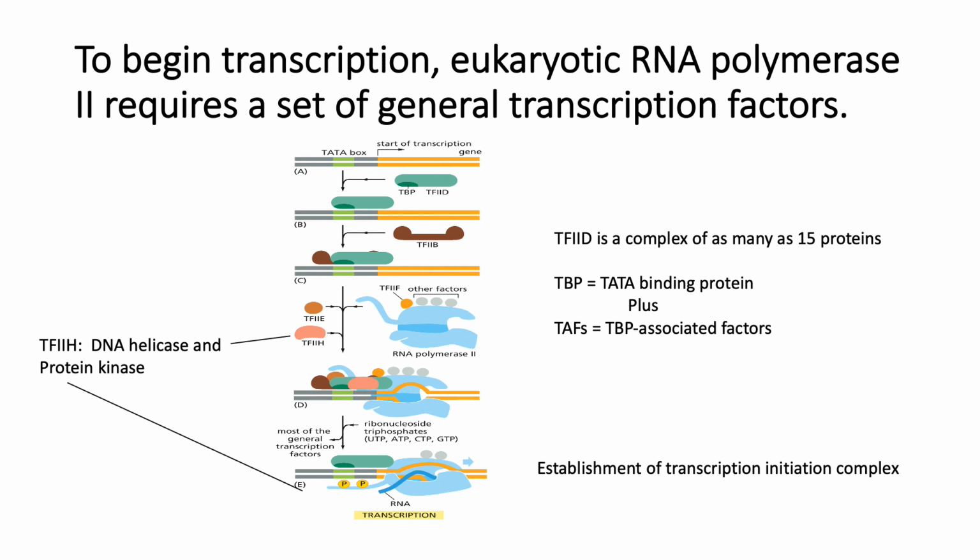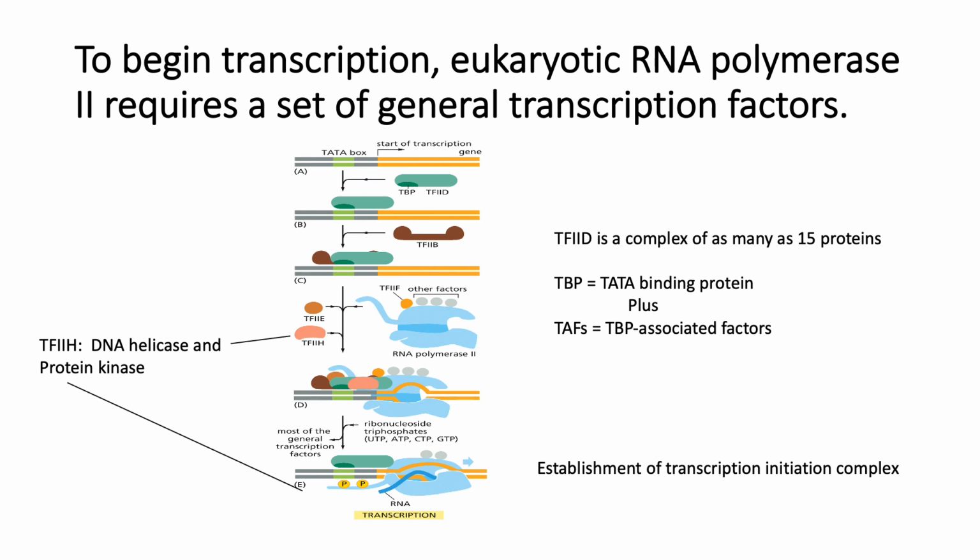So this is a DNA binding protein that recognizes that sequence. So you have TBP, which is the TATA binding protein, plus all these other factors, could be 10 or 15 factors, which are called TAFs. And the TAFs stand for TATA binding protein associated factors.